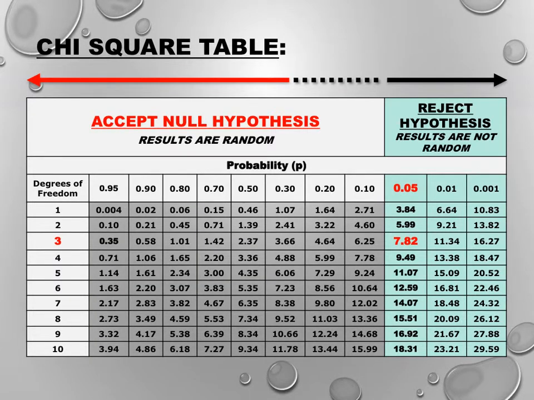Okay, so now what? If you remember, I told you that the part of the table, the probability, that we care about is this 0.05 column, which is right here. Okay, so that 0.05 is probability, it's our p-value. And we also have to look at our degrees of freedom, which in this case would be 3.